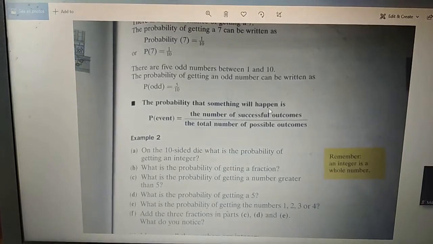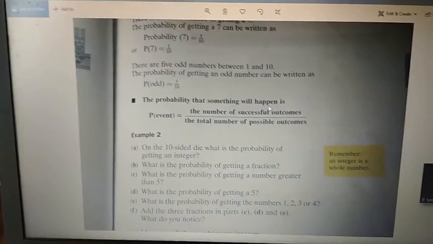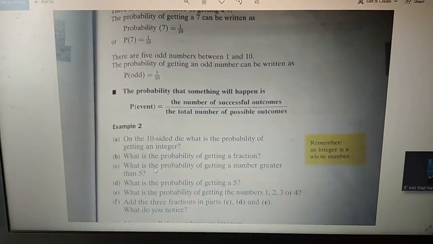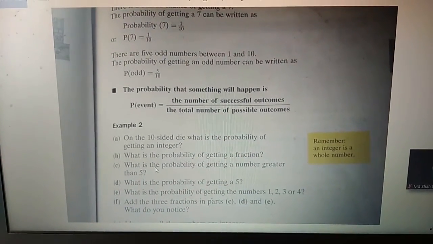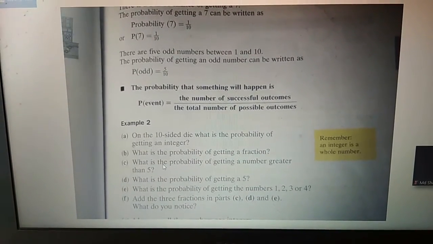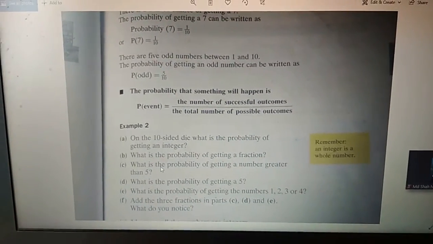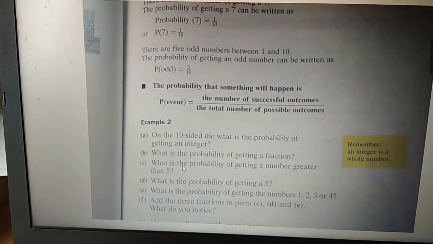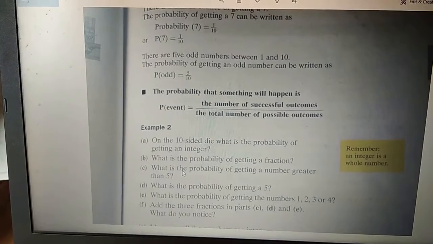Probability has a formula. The probability that something will happen is P of an event. As I told you, anything which is happening, like rolling a dice or whatever it is, those things are called events. Any event has some outcomes.